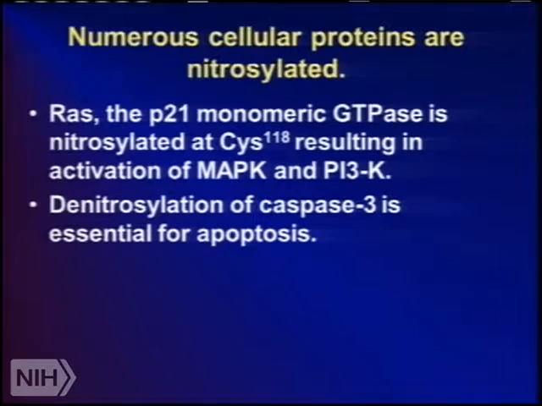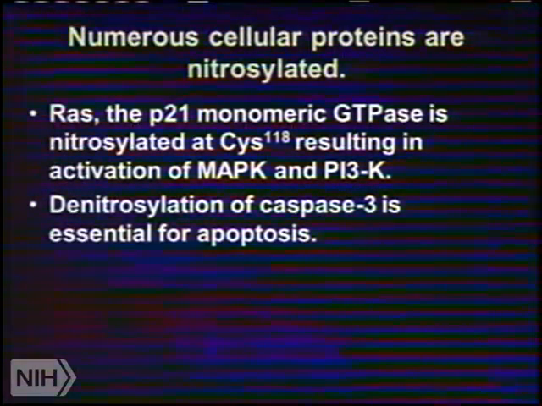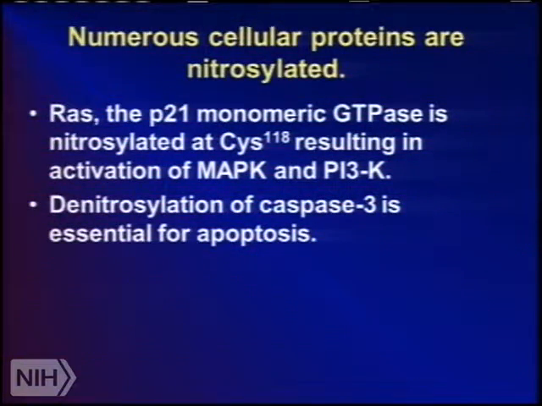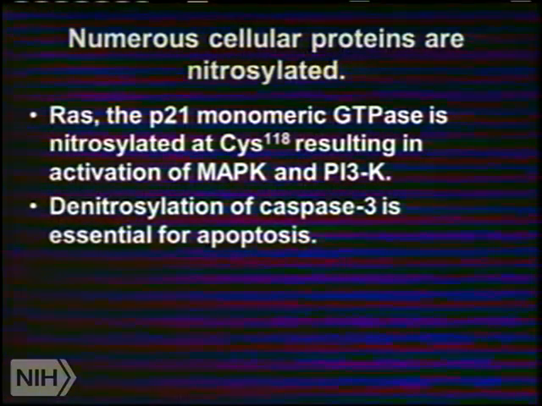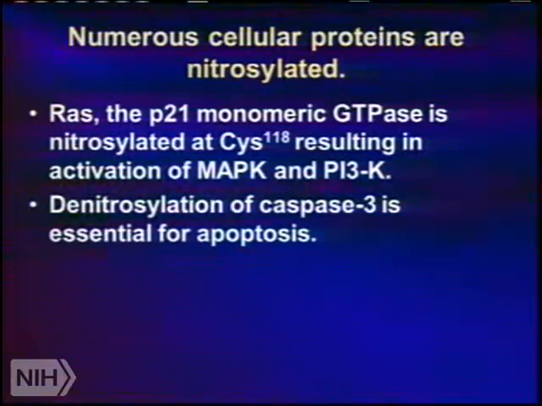And another thing that can get nitrosylated, as we'll see, is caspase 3. But when it gets nitrosylated, it leads to apoptosis. But if you denitrosylate the caspase 3, that is essential then for apoptosis. So nitrosylation of the caspase 3 inhibits its activity.